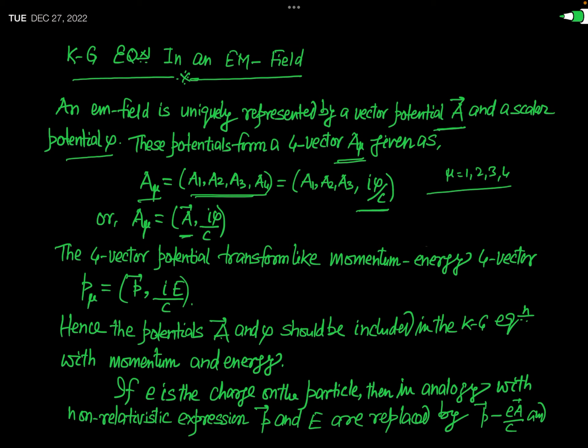So in brief, you can say that this 4 vector potential is represented as A mu equal to vector A, comma i phi over c, where this A represents the 3 Cartesian components of this 4 vector potential, and the 4th one, that is i phi by c, represents its 4th component.